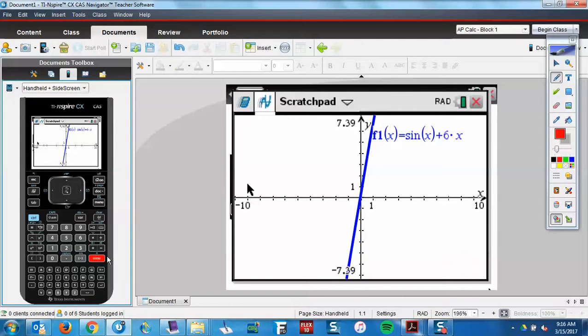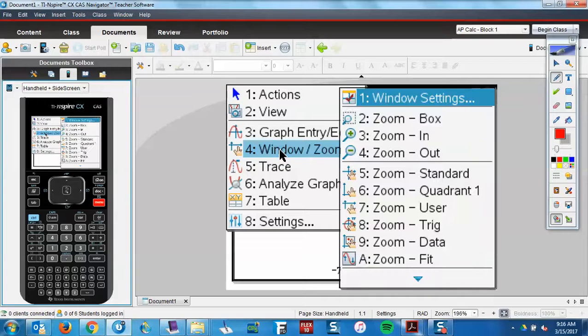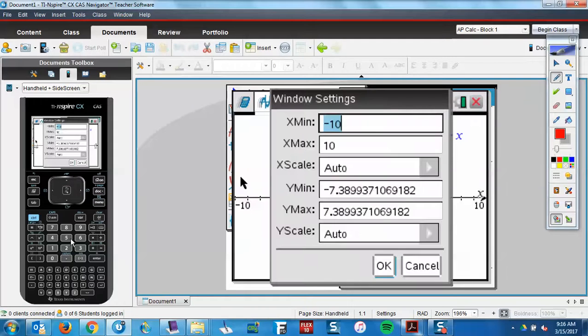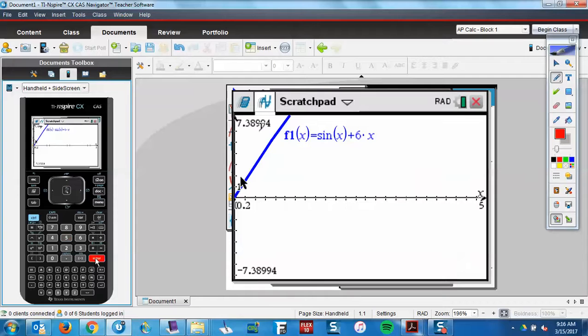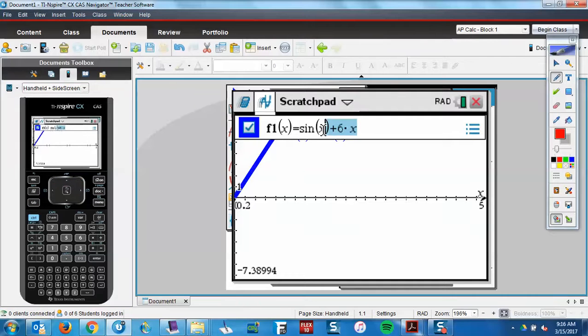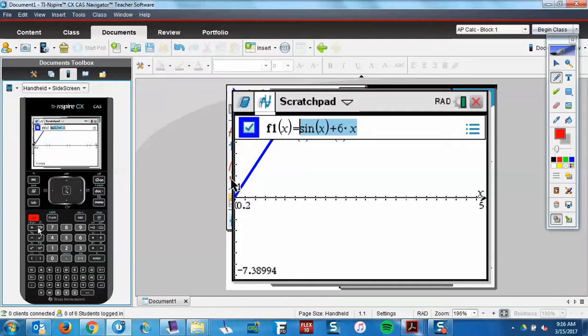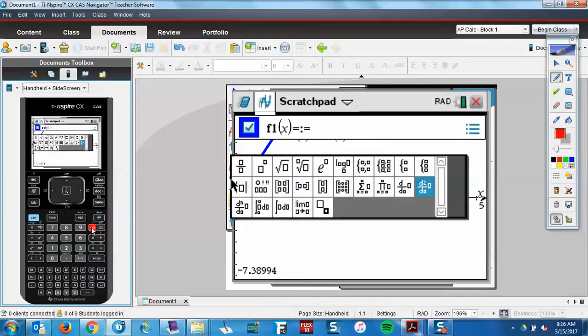Then what do you say to do? Switch my window to 0 to 5. Do you have to put in absolute value? Typically I do, yes. I should have done that. Thank you. Good idea. Now, as long as you understand though, what if you don't do absolute value? You just have negative values.